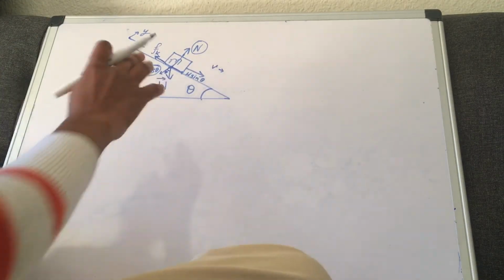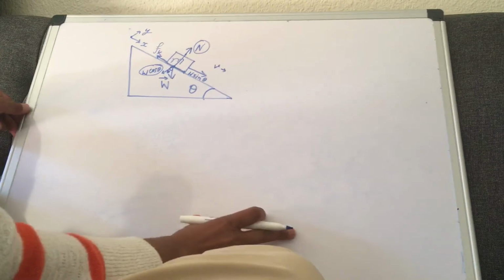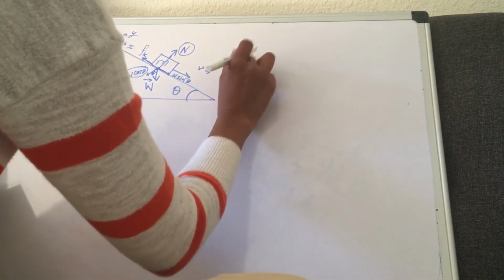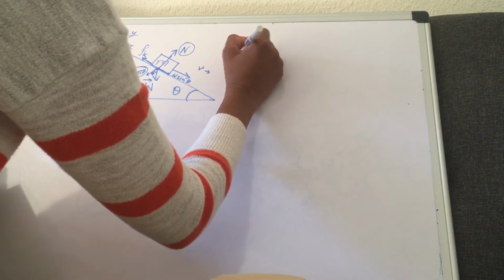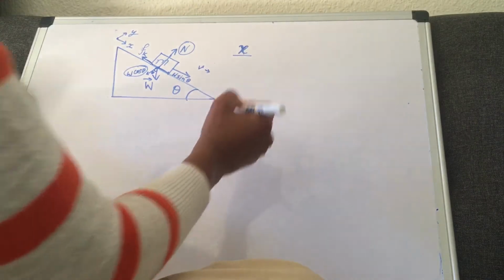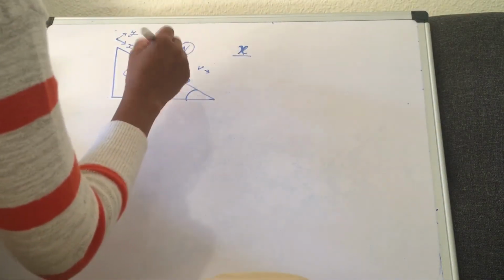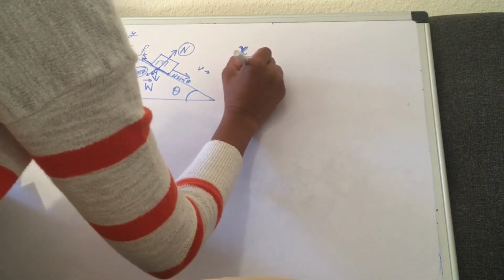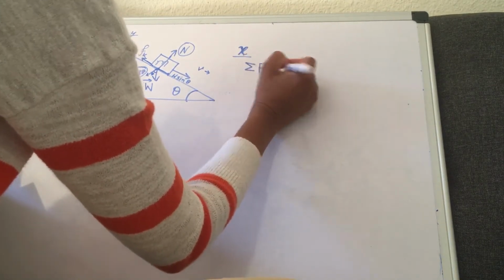Okay, so now this object is moving this way, so let's look at it in two different directions. Along the x direction, we have a total force. If we apply Newton's second law of motion, the sum of the force must be equal to what?